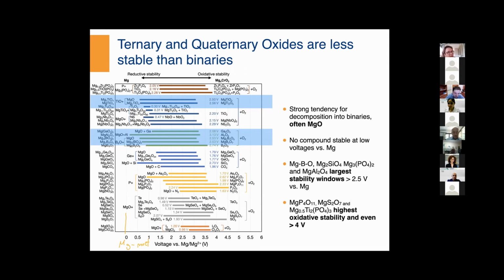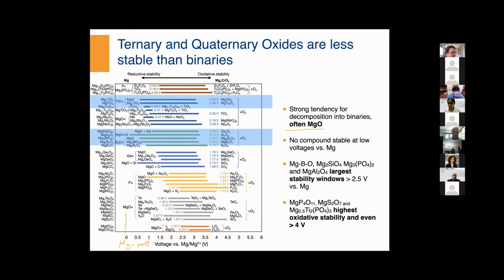What you see is that none of these bars touch the magnesium metal, and there are some that get closer, but still, this is a very important piece of information, because for oxide, as I'm showing you here, none of these oxides will be stable against magnesium metal, but they often decompose into magnesium oxide, which is naturally detrimental in terms of what a magnesium battery can do, right? When you have magnesium oxide on these electrodes, well, it stops the percolation of magnesium ion.